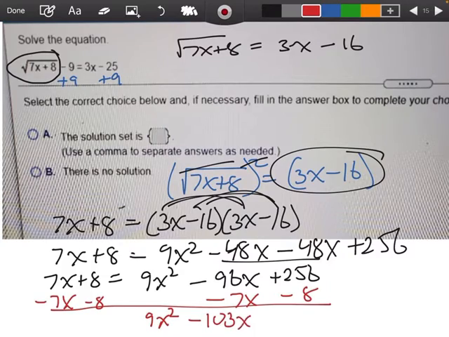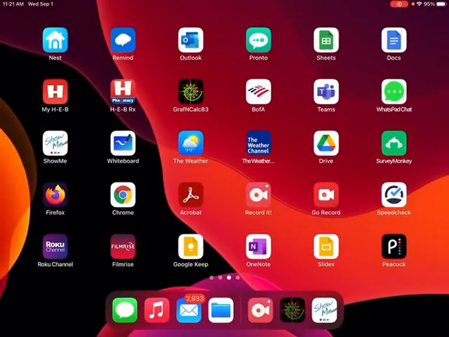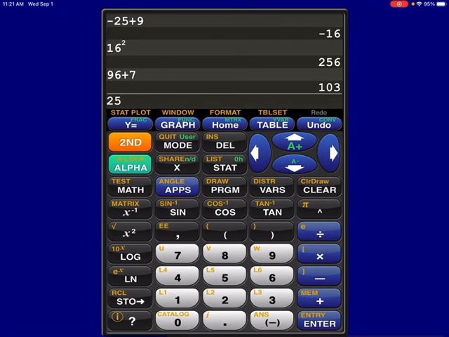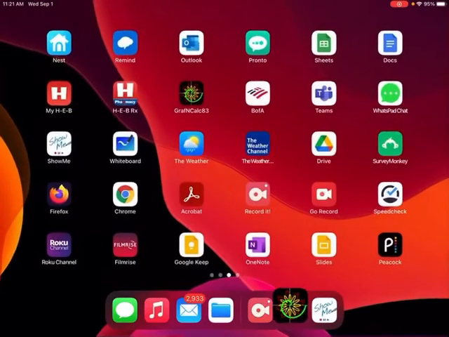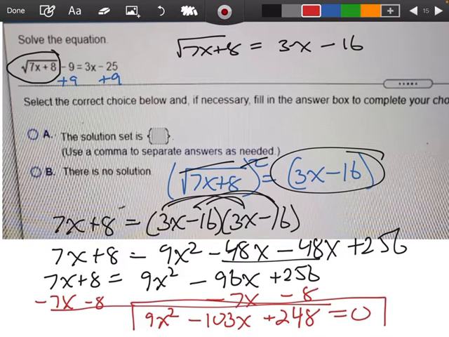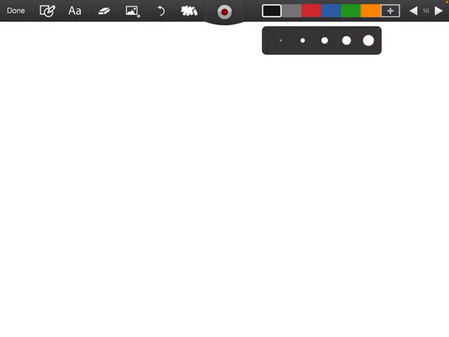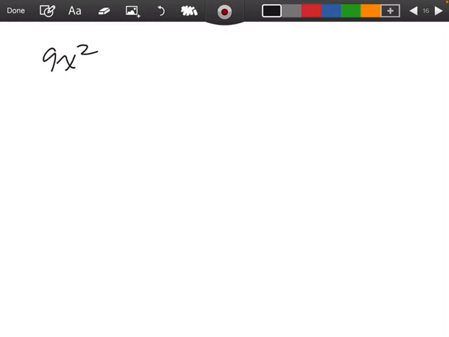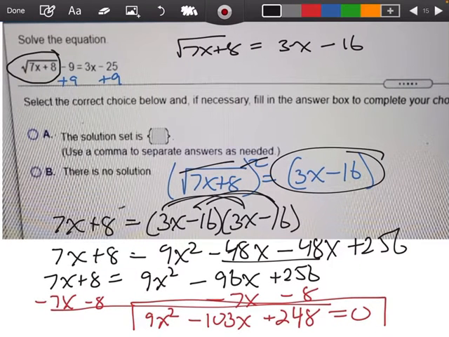Then 256 minus 8 is 248. So plus 248 is now equal to 0. I'm going to copy this onto the next slide: 9x squared minus 103x plus 248.